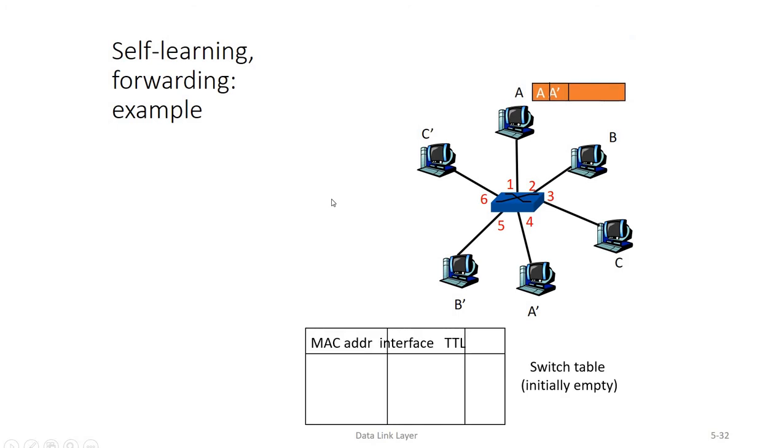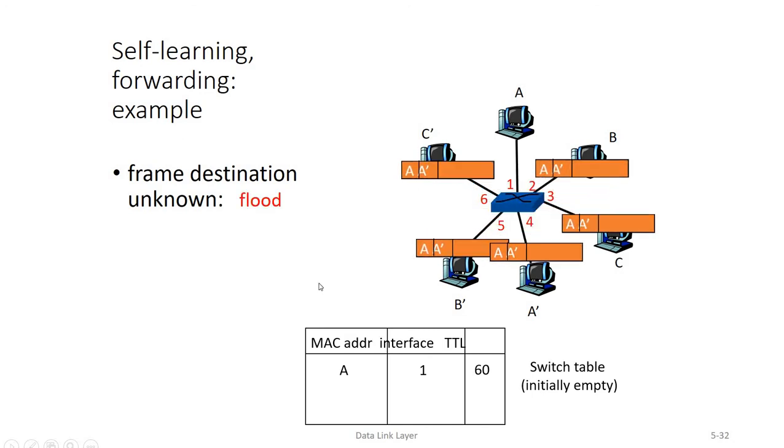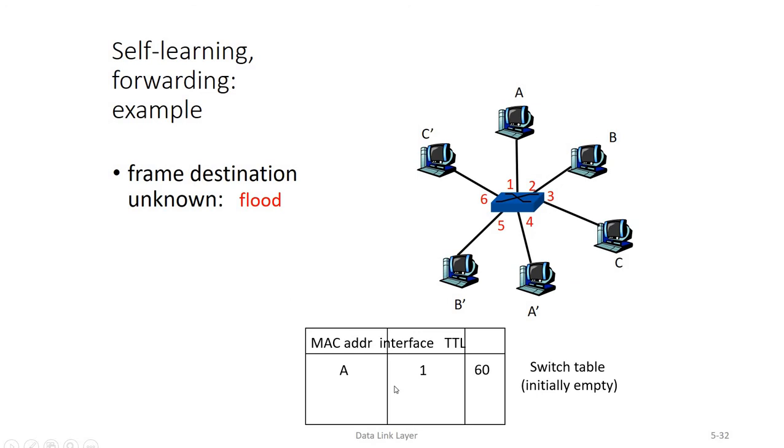This is self-learning. Once the packet is sent, then we are in the table. This is inside the switch, so inside the switch we have the initial table. We'll find out that A is connected through interface or port number 1. Because we don't have another entry, we broadcast or flood it to all other ports.